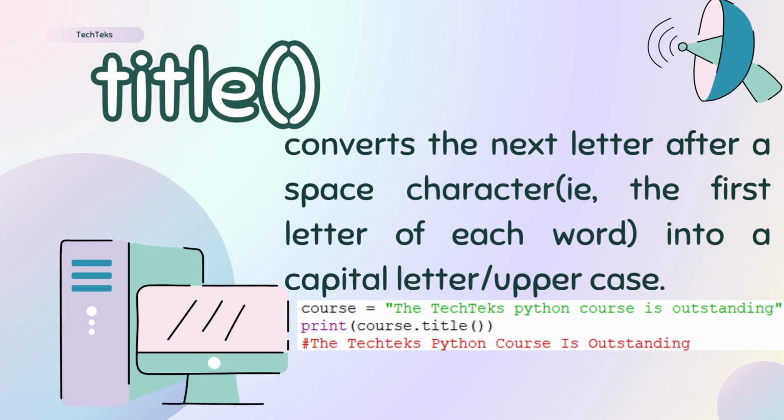When we print course.title, and don't forget the parentheses again, what it gives us is capital T in Techteks, capital P in Python, capital C in course, capital I in is, capital O in outstanding. Now note that every other character will be lowercase. The only characters that are uppercase are the characters after a space, which is the first letter of each word.